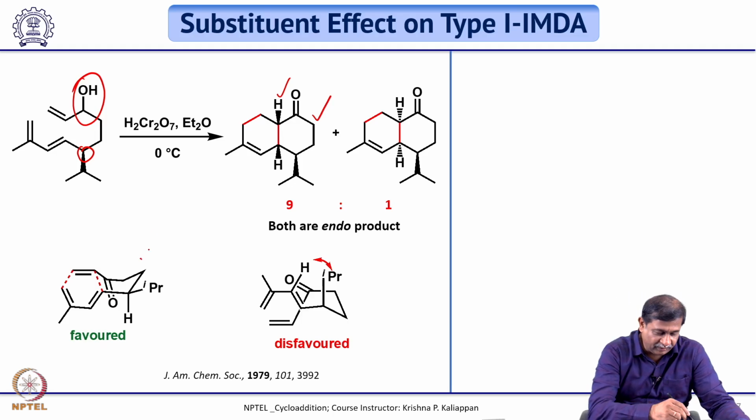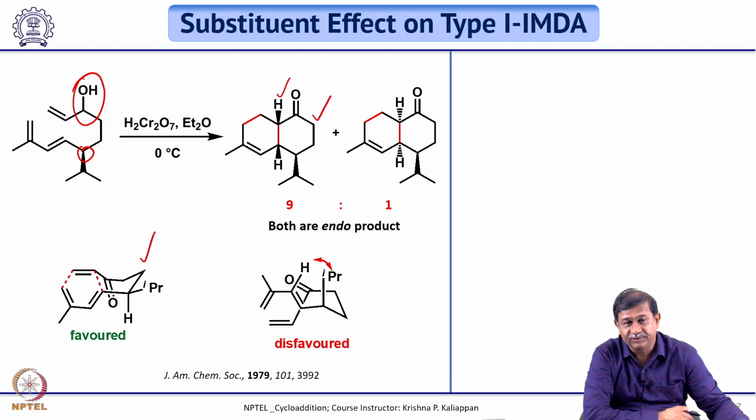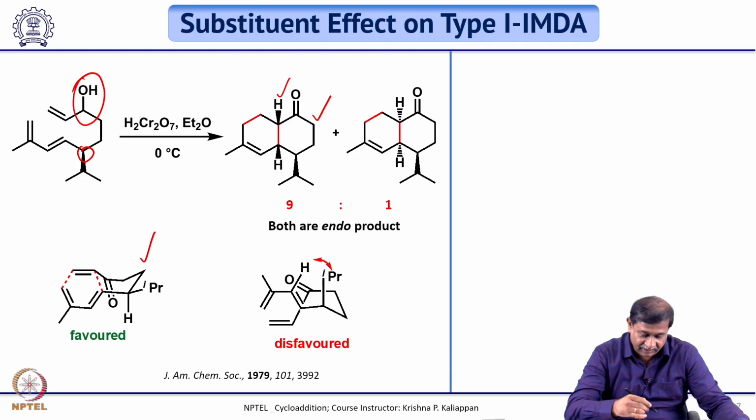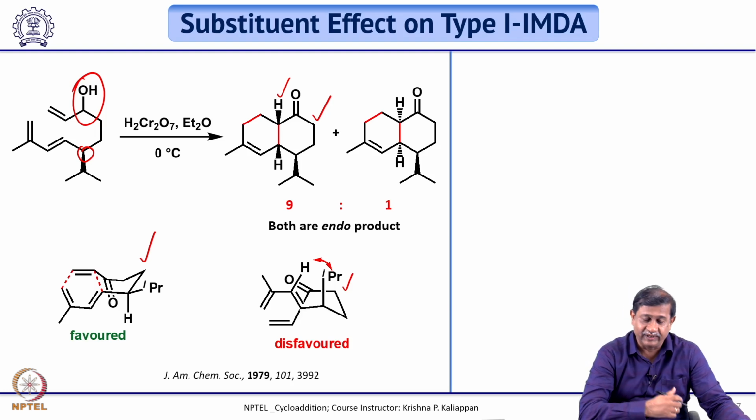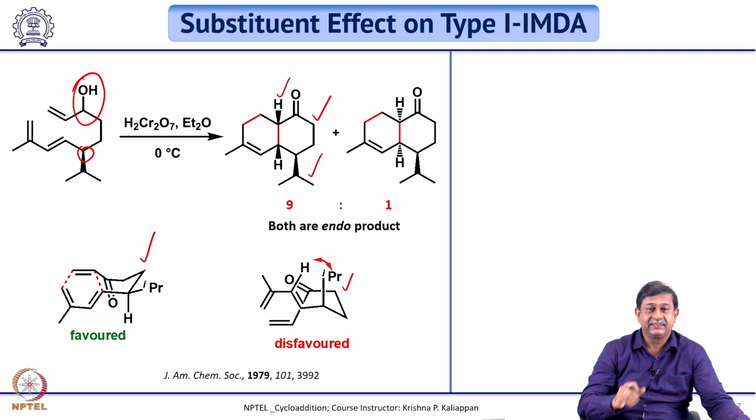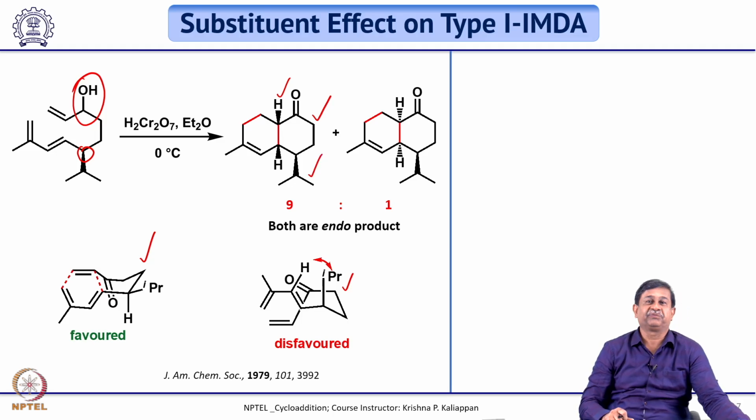In this particular transition state, if you have a closer look, you will see that the isopropyl group is in the equatorial position, whereas here the isopropyl group is in the axial position. That will lead to 1,3-diaxial interaction. That is the reason why this particular cis product is the major product.